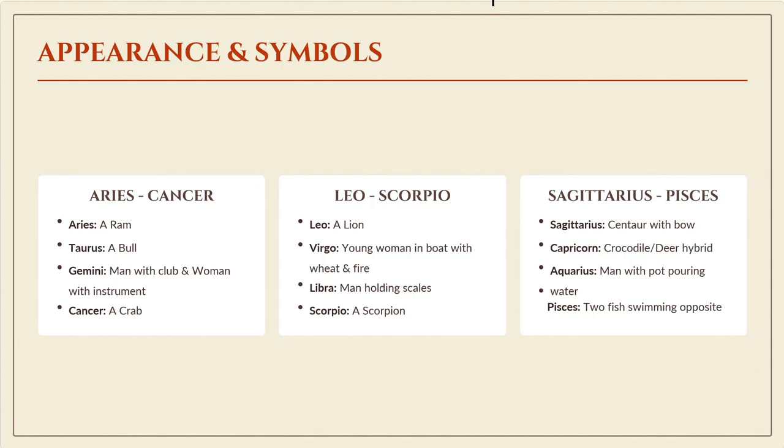Scorpio is scorpion. Sagittarius is a man with a bow and arrow. Capricorn is a crocodile-deer hybrid. Aquarius is a man with a pot pouring water, and Pisces is two fishes swimming opposite to each other.